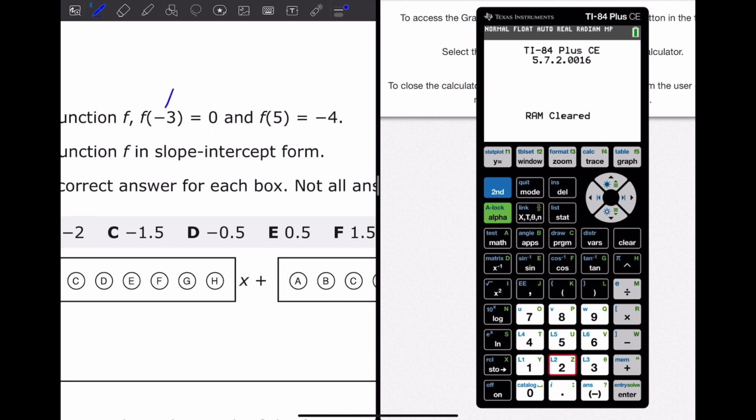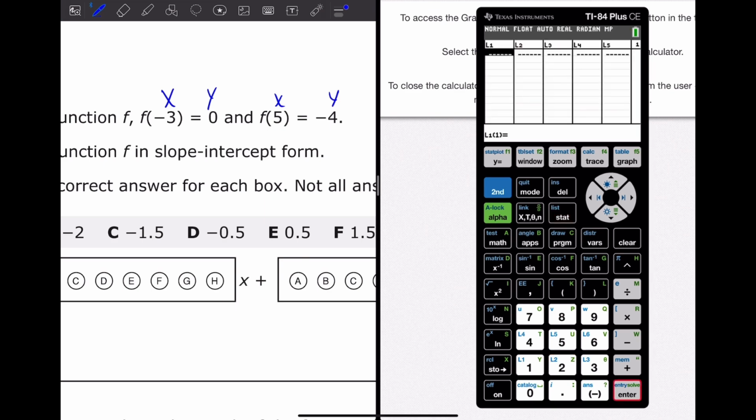This one here, you have your X and your Y. You will be able to use stat. Again, just remember to put the corresponding X right across from the corresponding Y. So -3 right across from 0 and 5 across from -4.